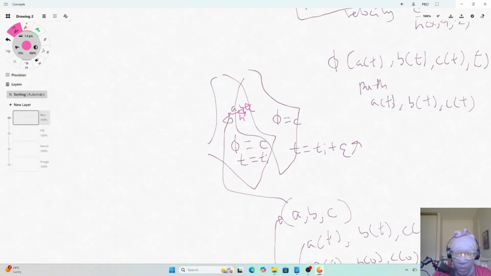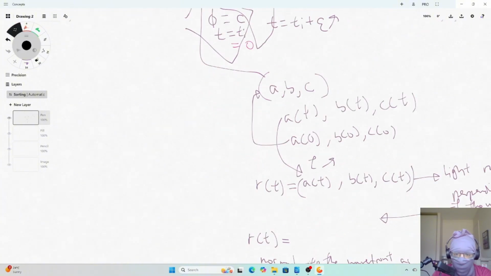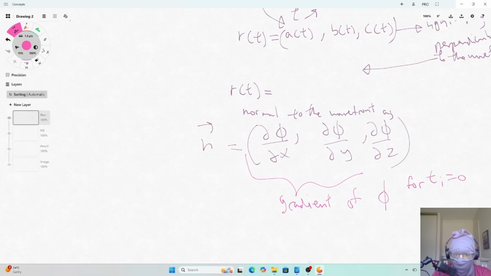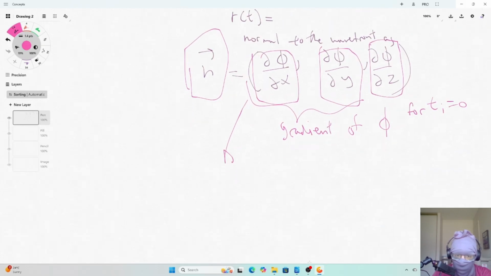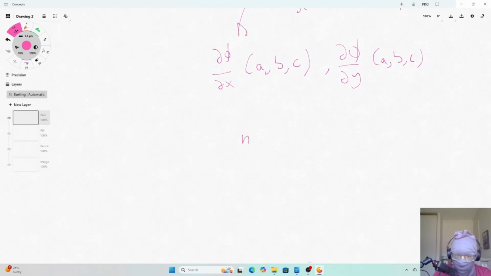So let's suppose that t initial equals 0. This quantity is d phi over dx at ABC and d phi over dy at ABC. So this is normal, and we would like to normalize it so it becomes a unit normal.